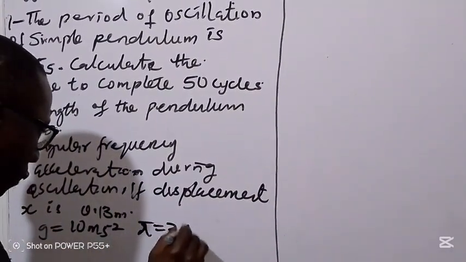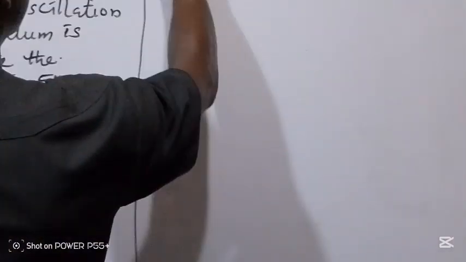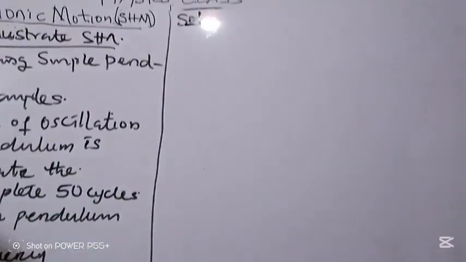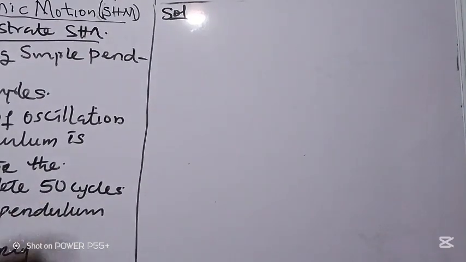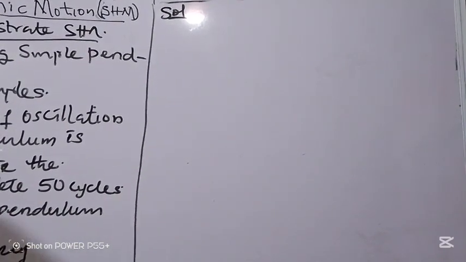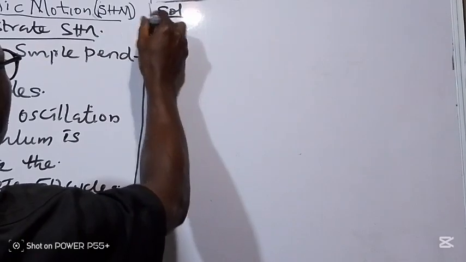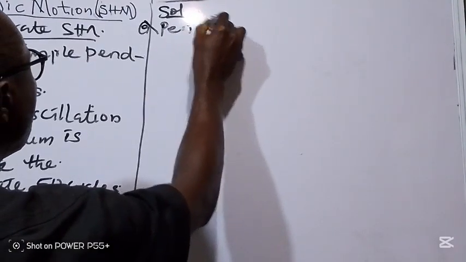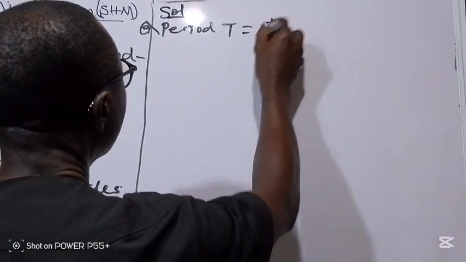Now, solution. From question number 1, we have to calculate the time taken for 50 cycles or 50 oscillations. You know the relationship between period and time taken: period T is equal to t over N, according to this question.